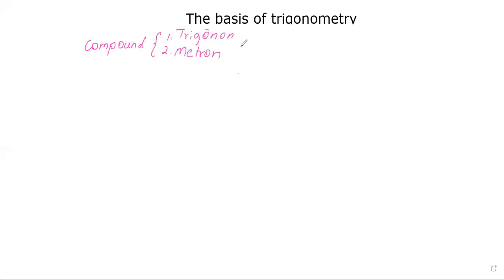These were the Greeks. And trigonon stands for triangles. And then this one is the measure. So basically, they were measuring the sides, the length of the sides of triangles, the angles, and their ratios and so forth.